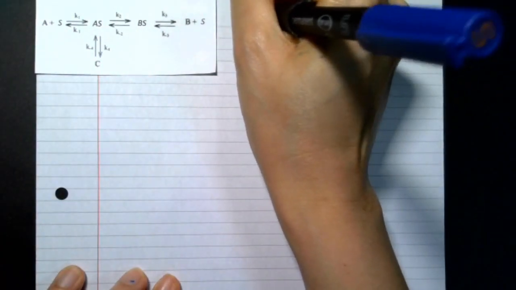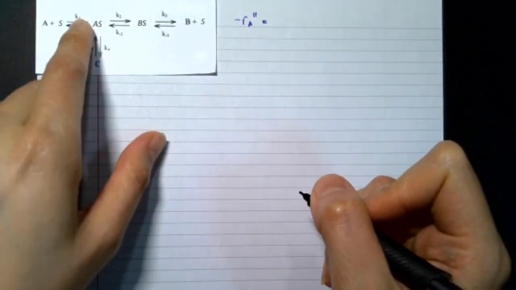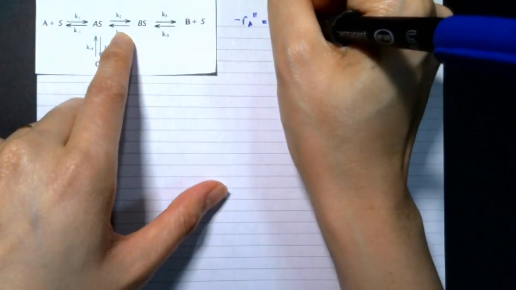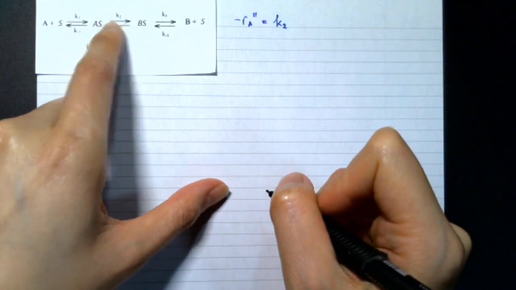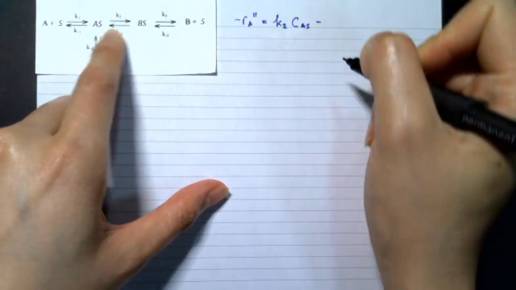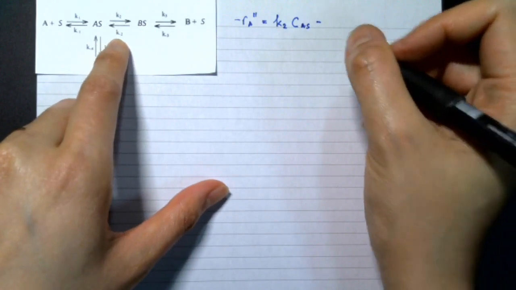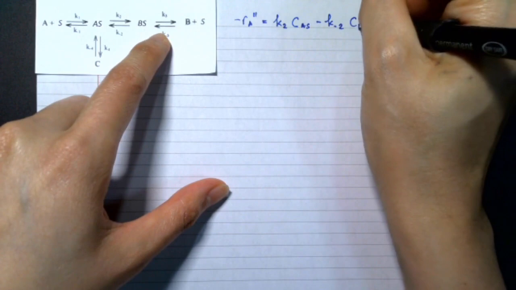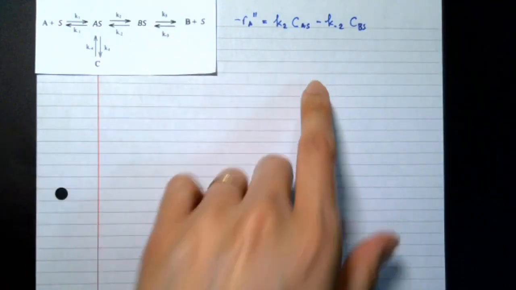So that is negative RA double prime. This is equal to the rate of the forward step. So we have K2, the rate constant for the forward step, times the concentration of AS, minus the rate of the reverse step. So we have K negative 2 times the concentration of BS.